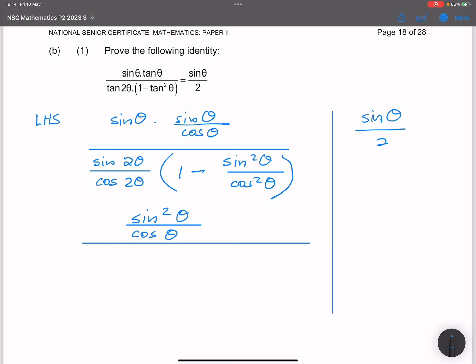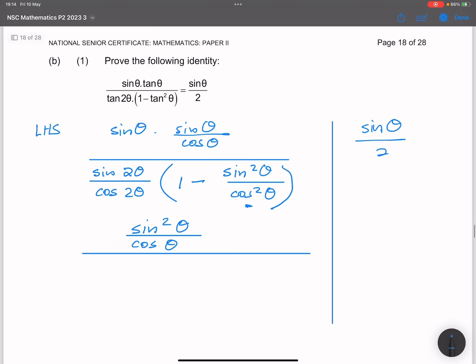Now, in the denominator, I've got cos squared of theta there. To make things slightly simpler for myself, what if we multiplied both the numerator and the denominator by cos squared of theta? Let me show you what that is going to do.